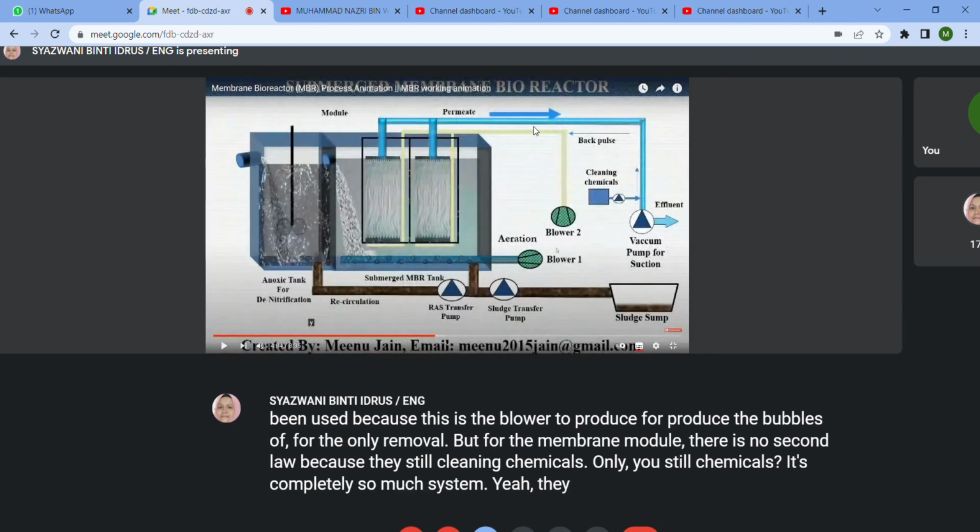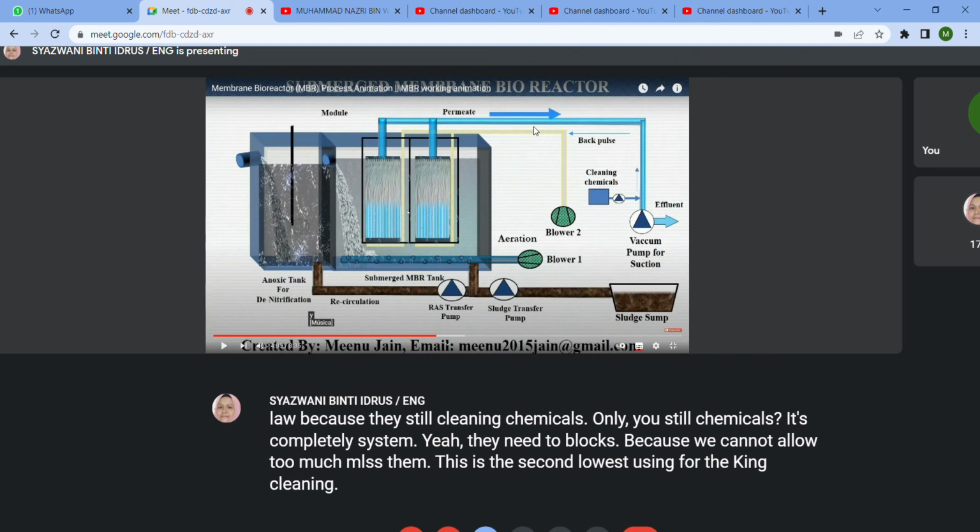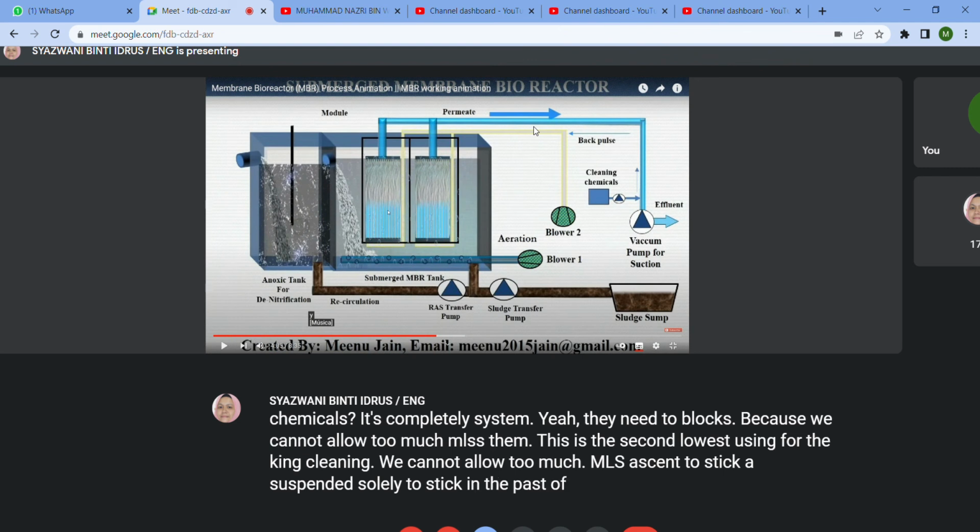They need two blowers because we cannot allow too much MLSS. This second blower is used for cleaning. We cannot allow too much MLSS, the suspended solid, to stick within the pores of the membrane, to avoid the clogging.